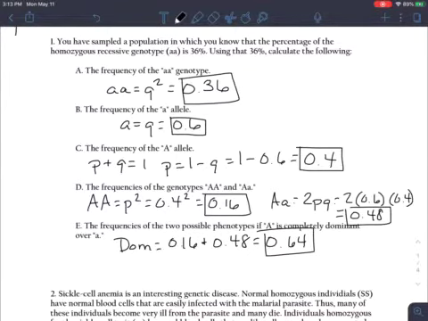And then my recessive is 0.36. And again, that very nicely adds up to 1, but that is not an absolute necessity. It could be slightly different.